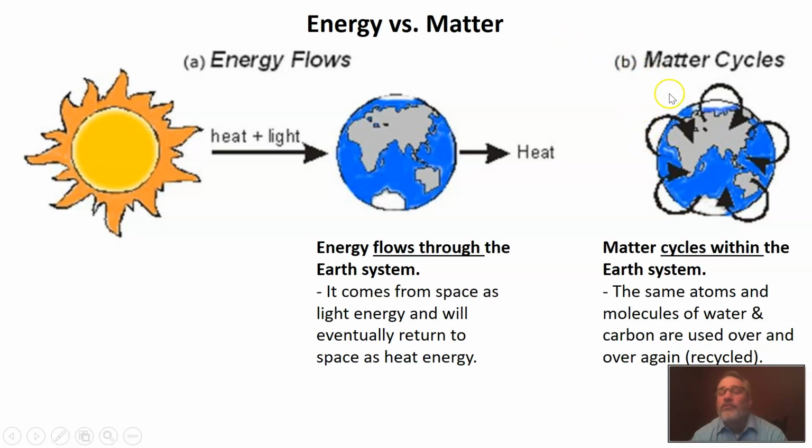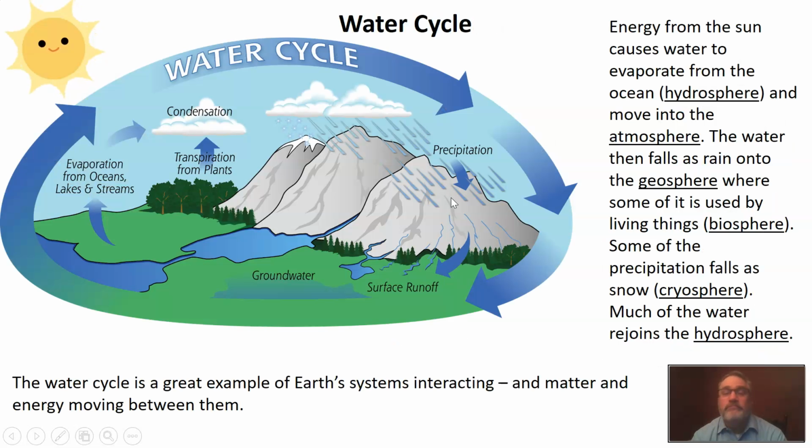They don't largely disappear from Earth and end up back out in space. So we say that matter cycles within the Earth system because it keeps getting recycled, but energy flows through. It arrives from space and it eventually ends up back in space.